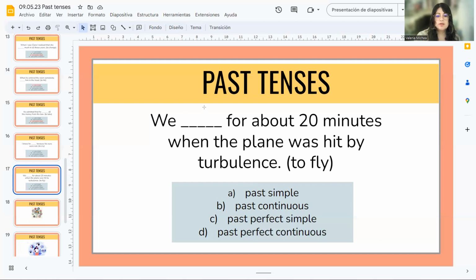So something happened for about 20 minutes when another thing happened, which is this one. This actually goes together. Pay attention also to the duration.